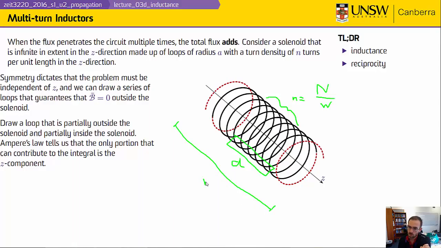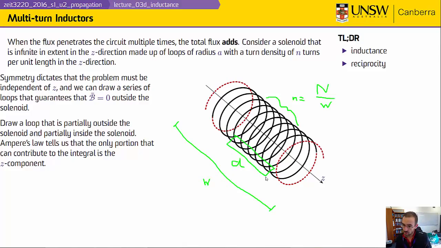Now, we're going to assume, for the purposes of this calculation, that the solenoid is infinite. For a finite length solenoid, we would have to modify these equations a little bit. But so long as the solenoid is very, very long compared with the cross-sectional area, this is a good approximation for the physics of the problem.